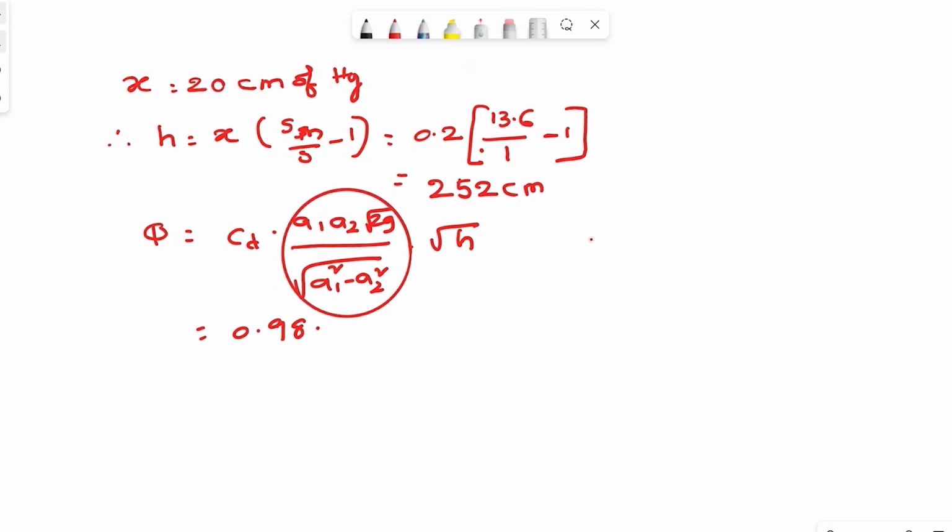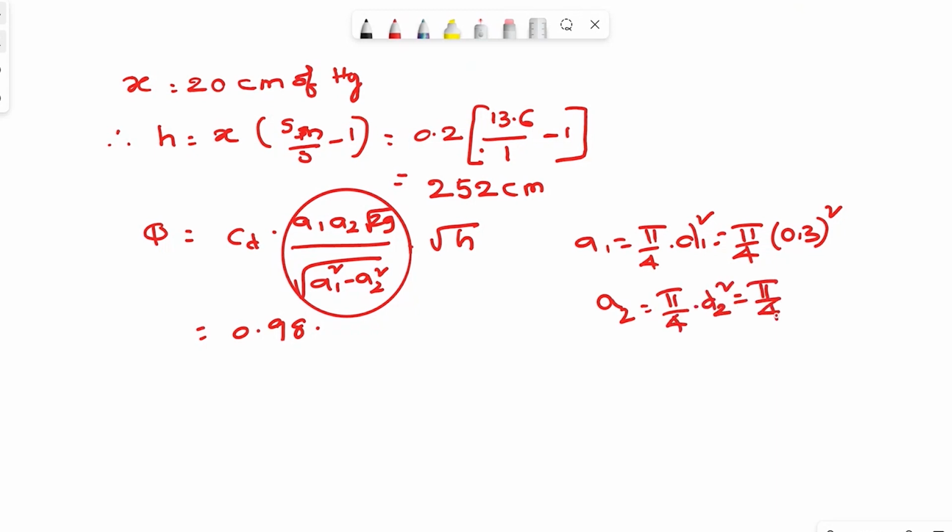Separately we can calculate A1 is equal to pi by 4 into D1 square, which is pi by 4 into 0.3 whole square, and A2 is equal to pi by 4 into D2 square, so pi by 4 into 0.15 whole square. g is equal to 9.81.